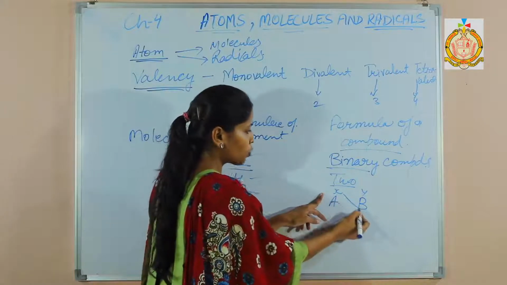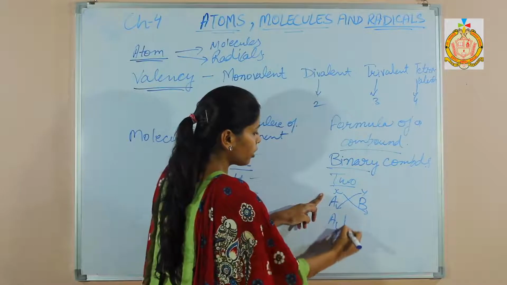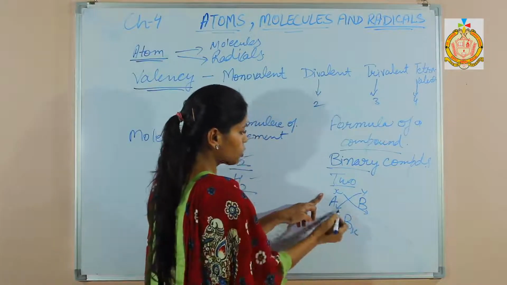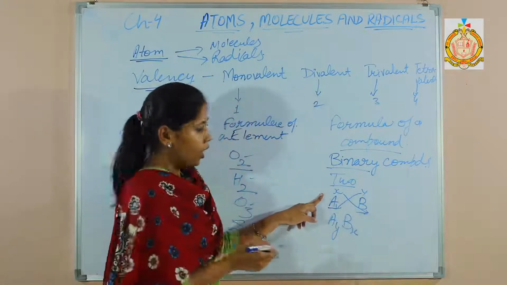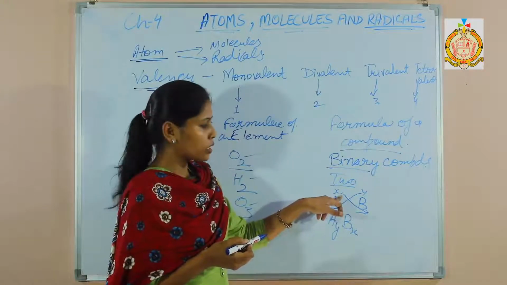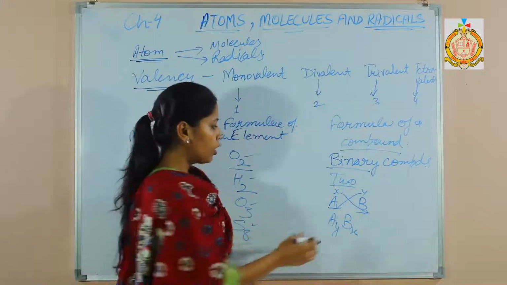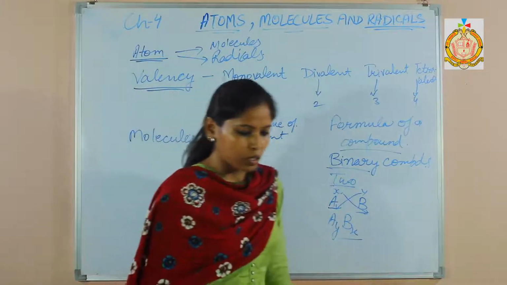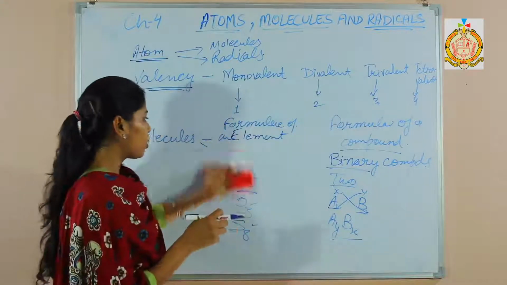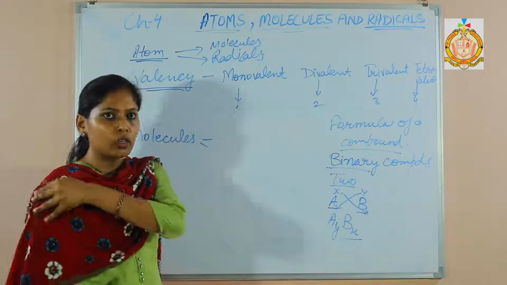Just transpose the valencies. It will become AY and BX. Only two elements we have taken; write the valencies as a superscript, then transpose them. AY, BX.